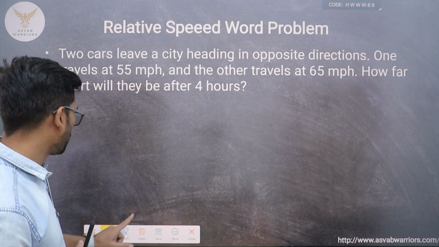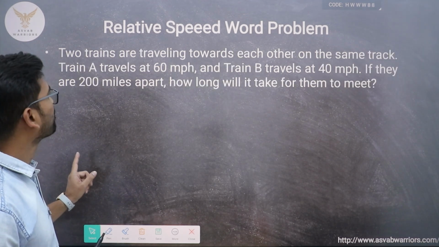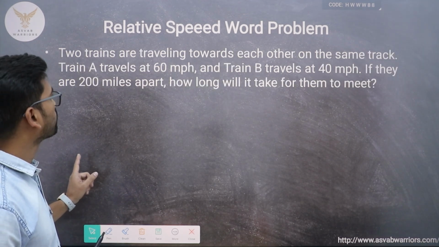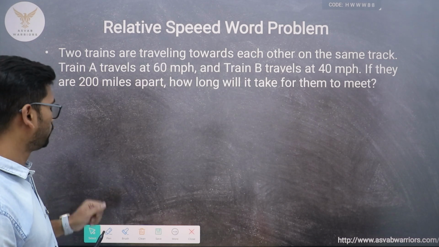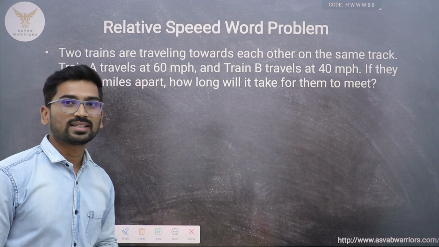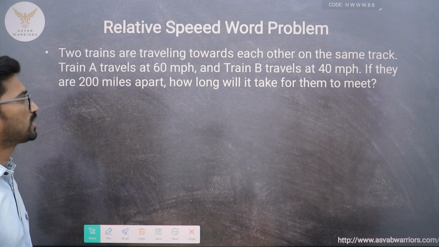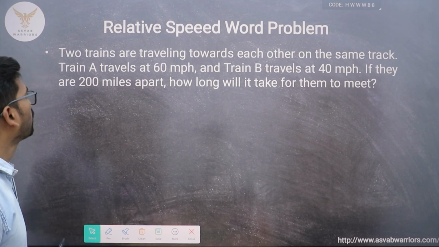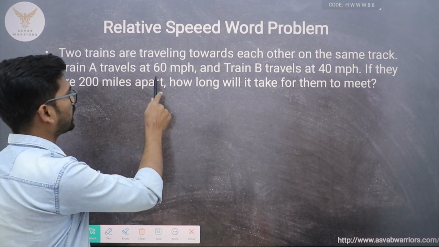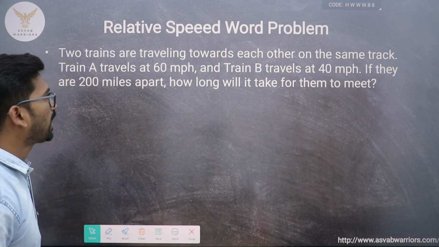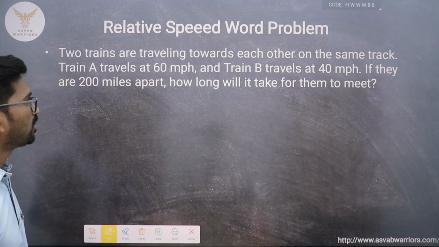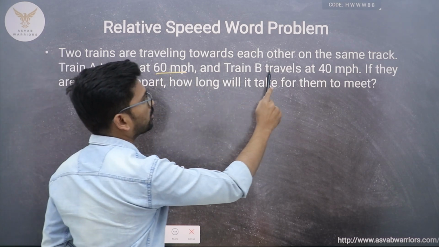Let's take another example. Now the example is two trains are traveling towards each other on the same track. Train A travels at 60 miles per hour and train B travels at 40 miles per hour.